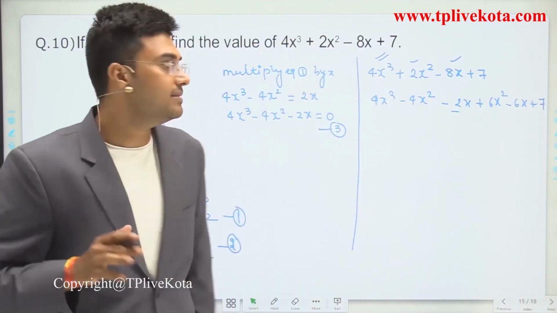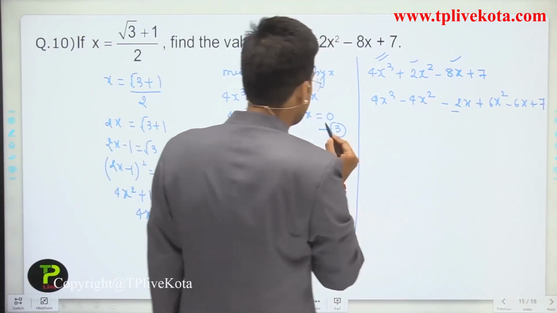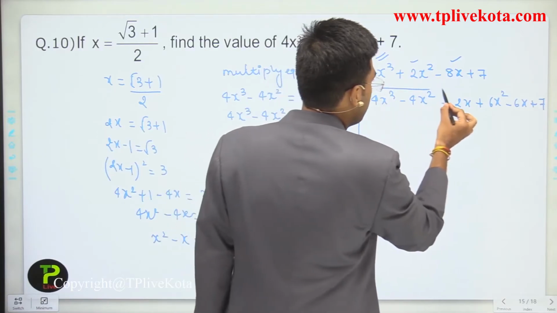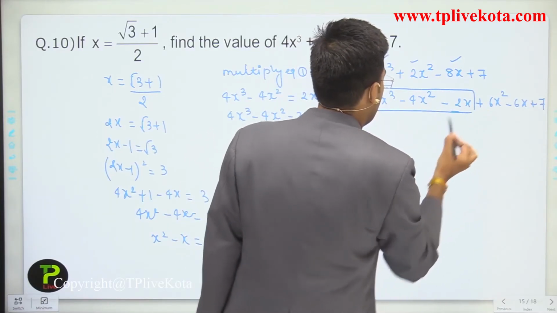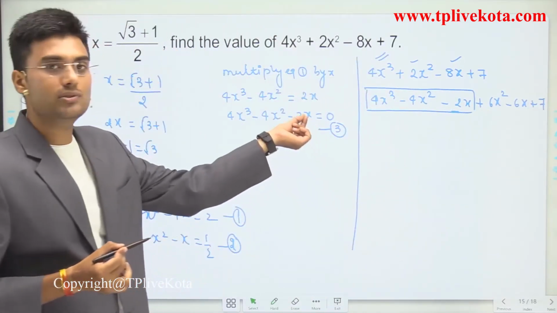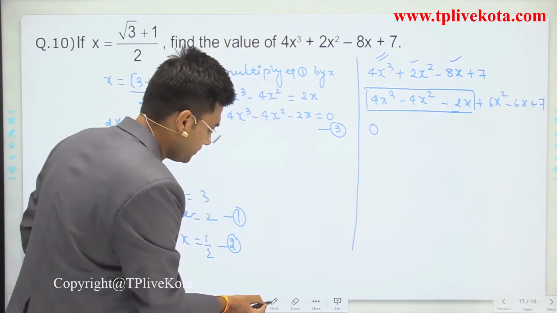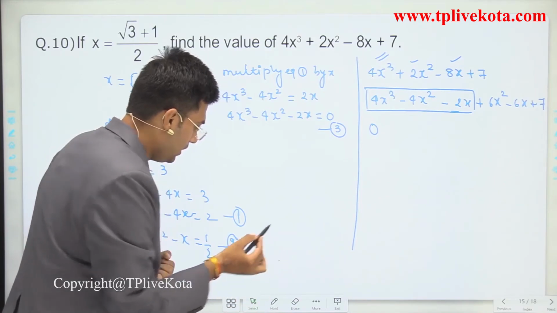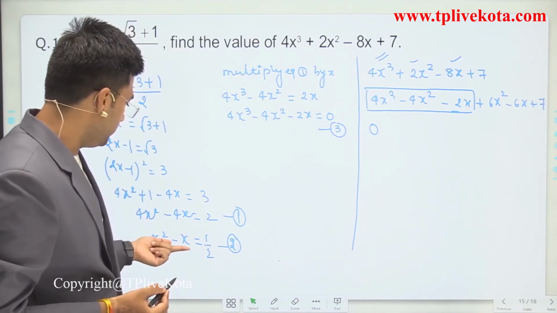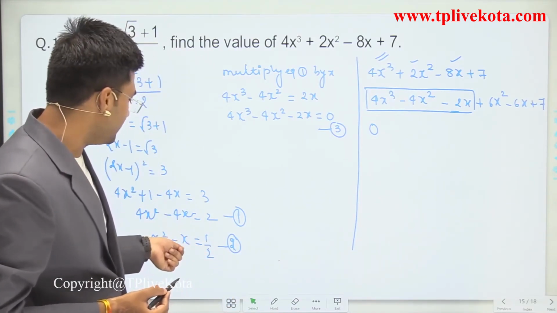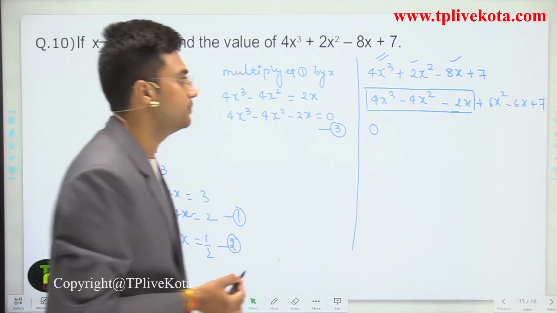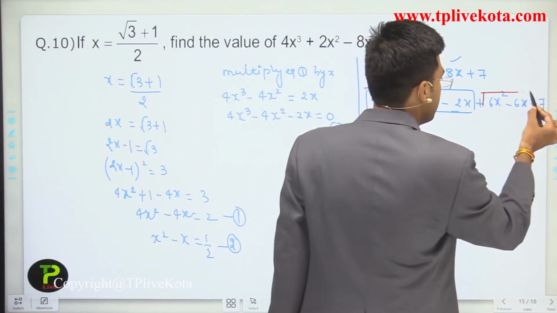Now dear students, for this expression we have value equal to 0. So it is equal to 0. Now dear students, from equation 2, x square minus x is equal to what? 1 by 2. So now solve this expression.